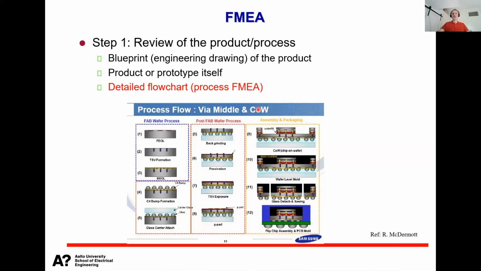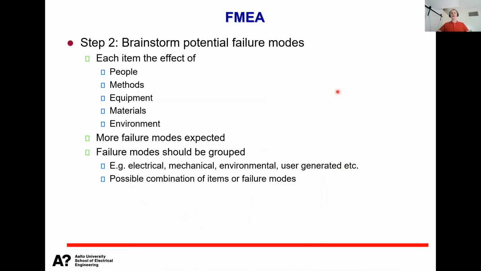The first step is to review the product or process, so to see what parts it is composed of. And then when you have all the bits and pieces on the table, you start thinking about how this can fail and what causes the failure.